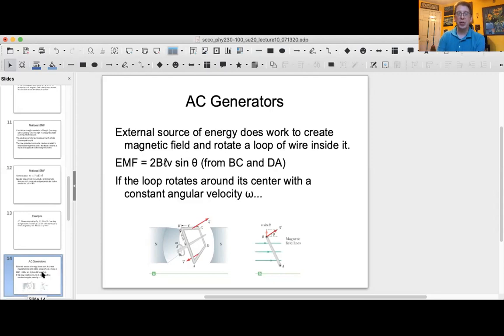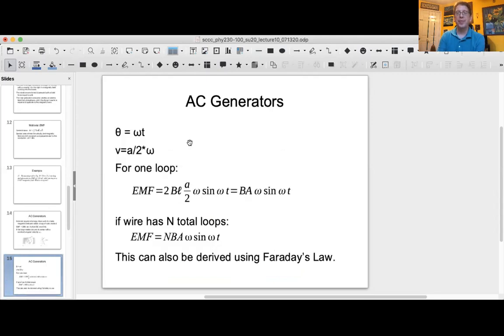So how does that look? V is equal to A over 2 times omega. And you can write theta as being equal to omega t.